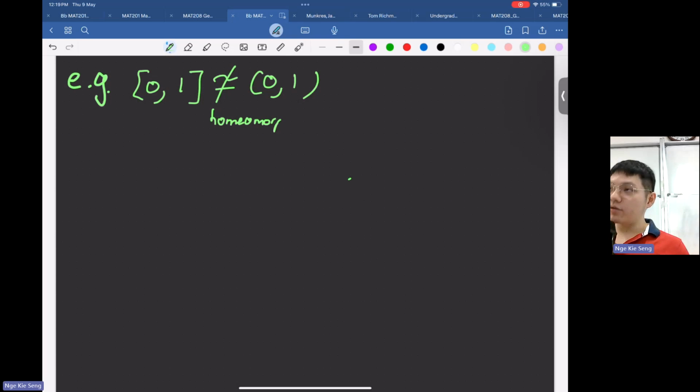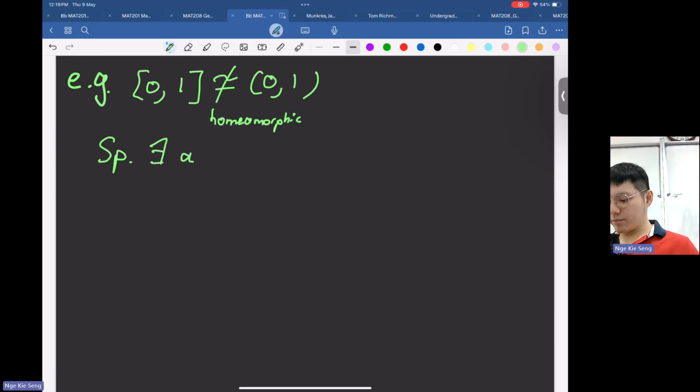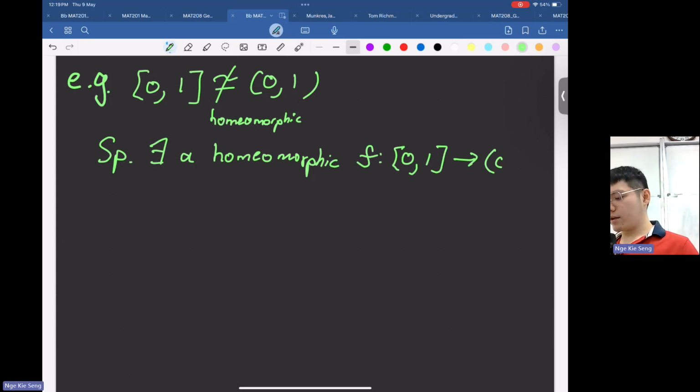Let's see if we can draw some contradiction. Suppose it is homeomorphic. Suppose there is a homeomorphism f between the closed interval [0,1] and the open interval (0,1).